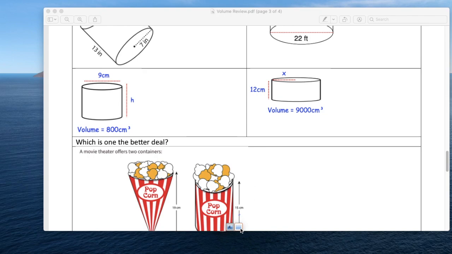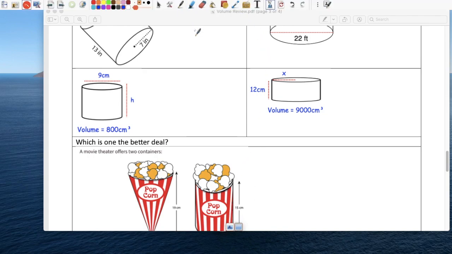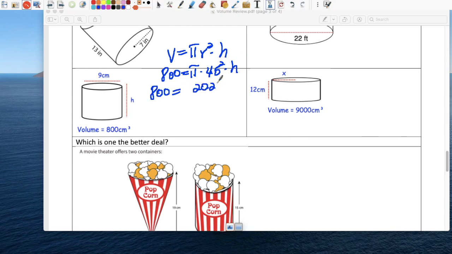We need the height in this one, so the problem is the height. So again, volume equals pi r squared h, and we're solving for h. The volume is 800. The radius is 4.5 because that's the diameter, so be careful. So 4.5 to the second power is 20.25. So 800 equals 20.25 pi h, right?